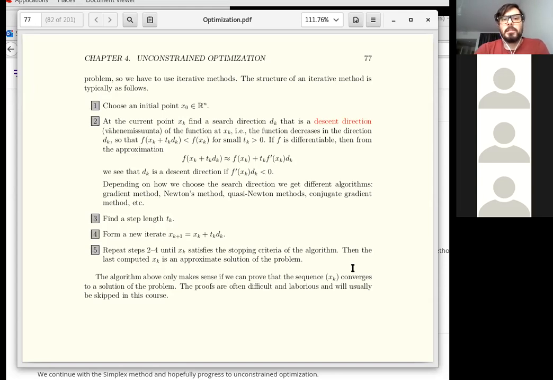So it's a descent direction, meaning we find a place where we know that going in that direction makes the function smaller. Often we also have to determine the so-called step length, that is tk.